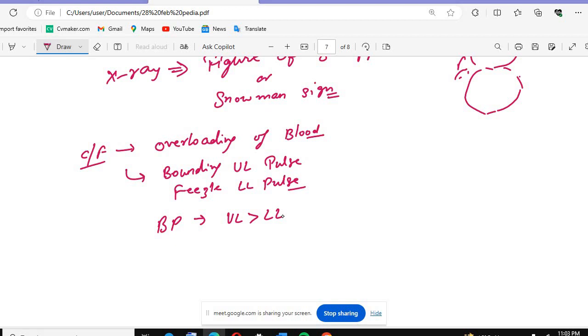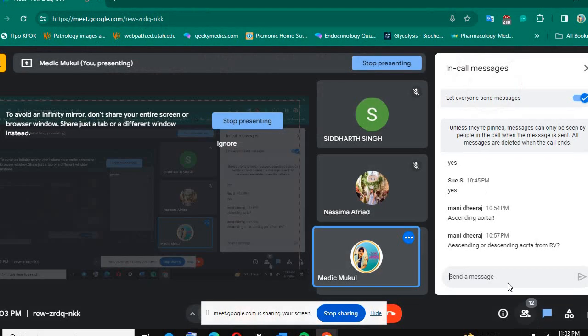In which condition do we see these findings? Anyone can write to me.